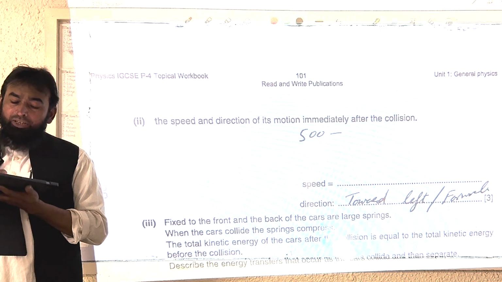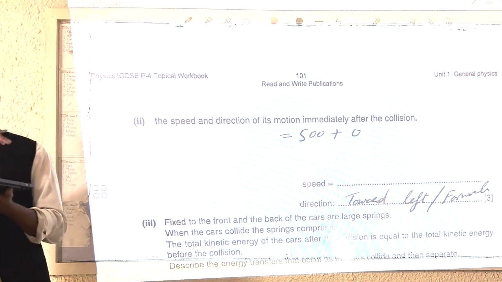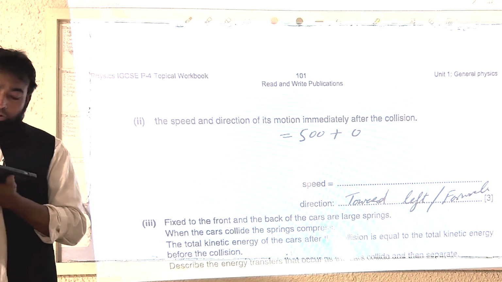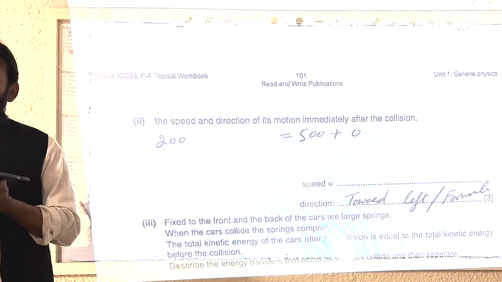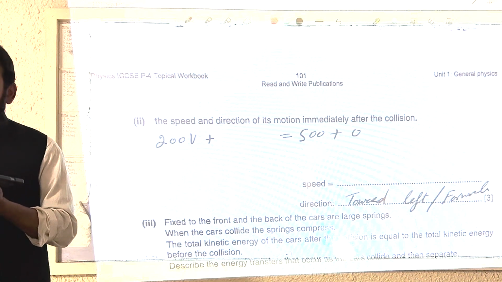500 plus 0. And momentum after the collision? The passenger car has mass 200 and its velocity is v, plus the empty car has mass 50, and velocity of the empty car is 4.